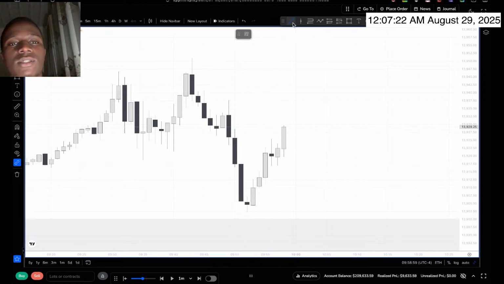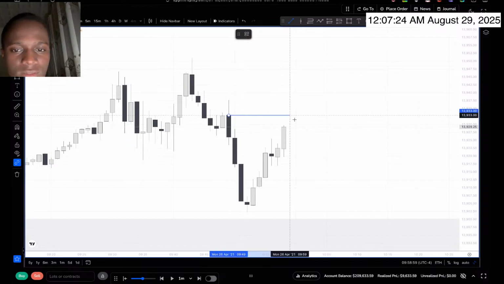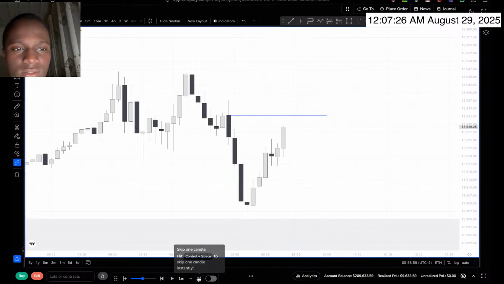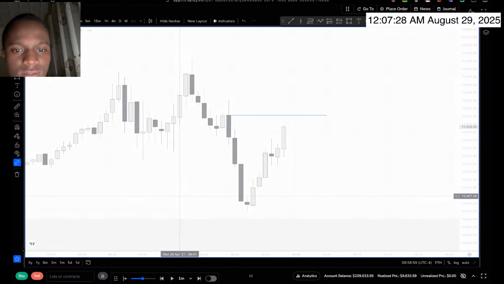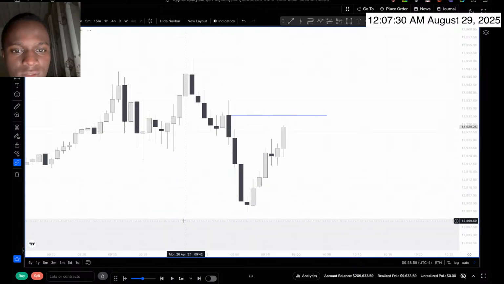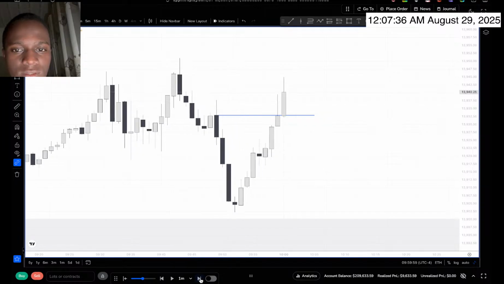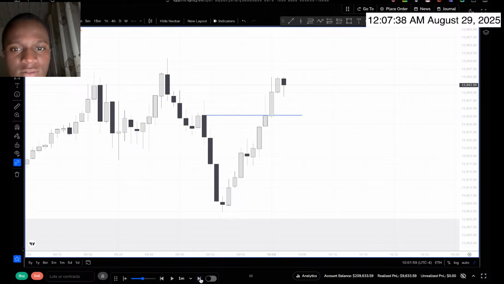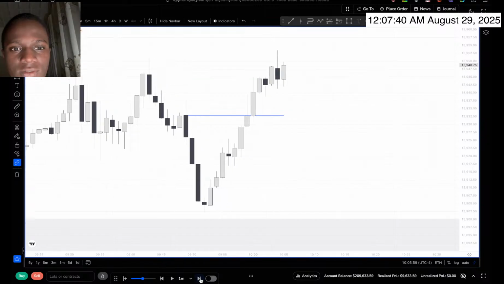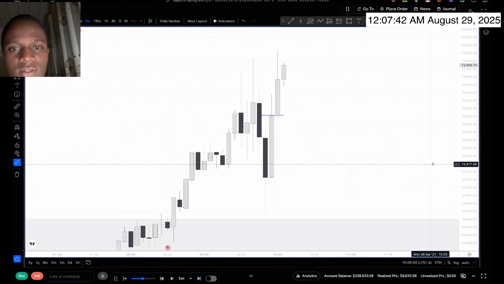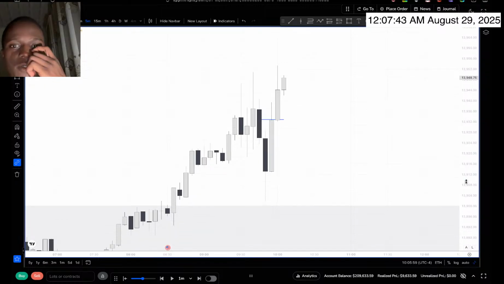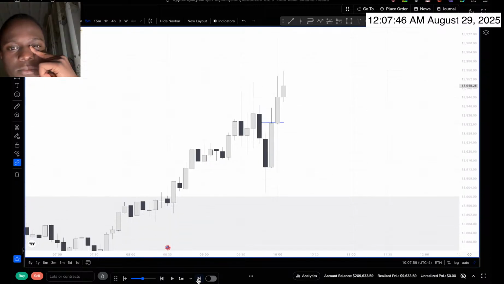And I'd also like to see something I'd like to enter here. That's the closest that we can enter. Close above. Do we get a retracement? Come on, NQ. Don't be a bum.